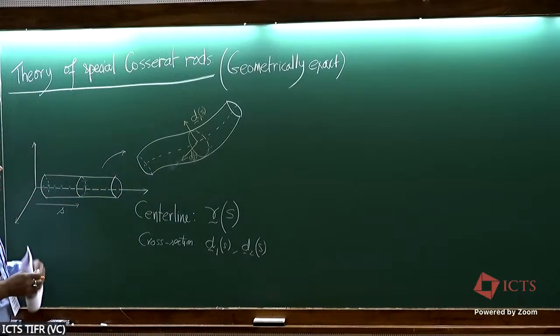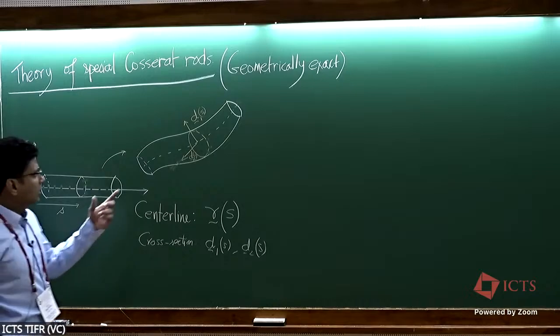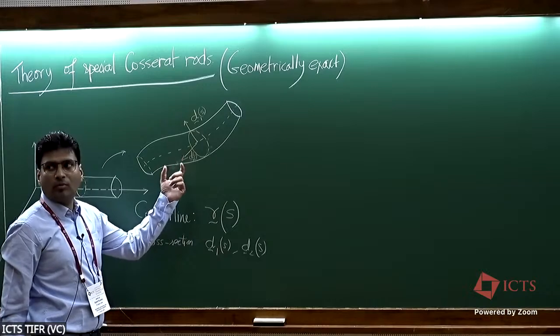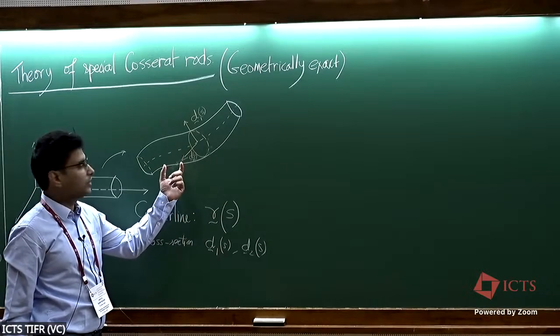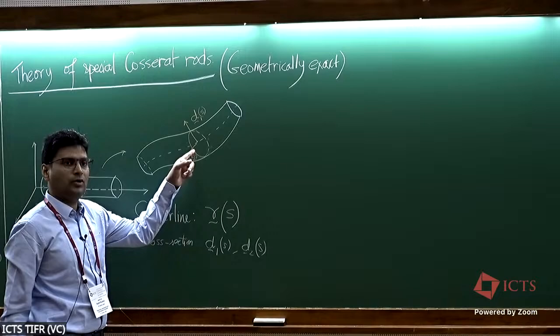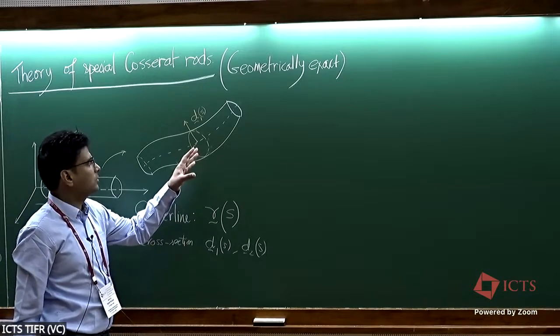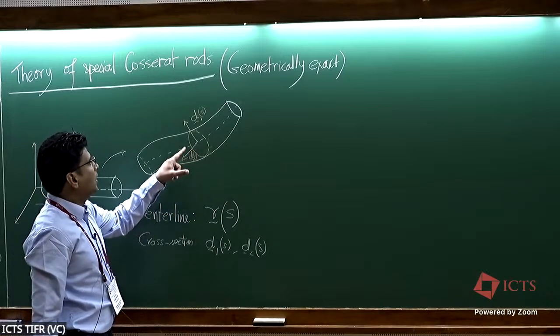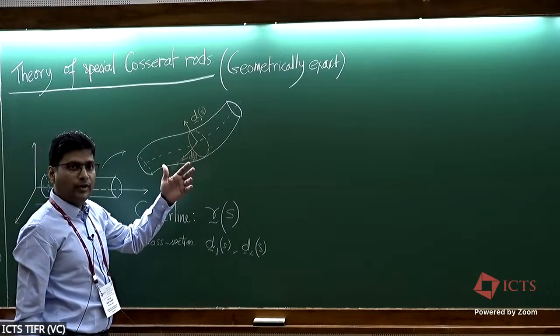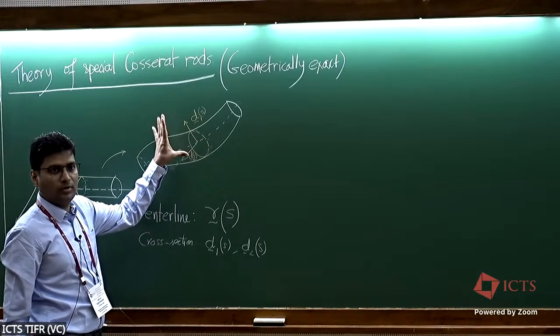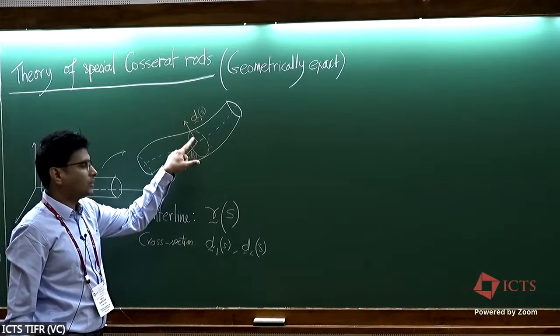Now, there are different levels of rod theory. There are rod theories in which these directors are assumed to be orthonormal to each other, okay? Meaning they are unit normed and also perpendicular to each other always. And that's the theory that we will be talking about today. But there are also theories where the directors can change their length, so they need not be unit norm, and the angle between them can also change.